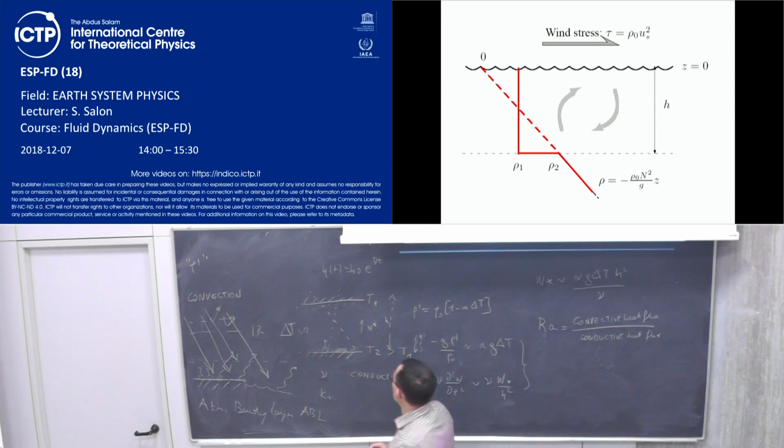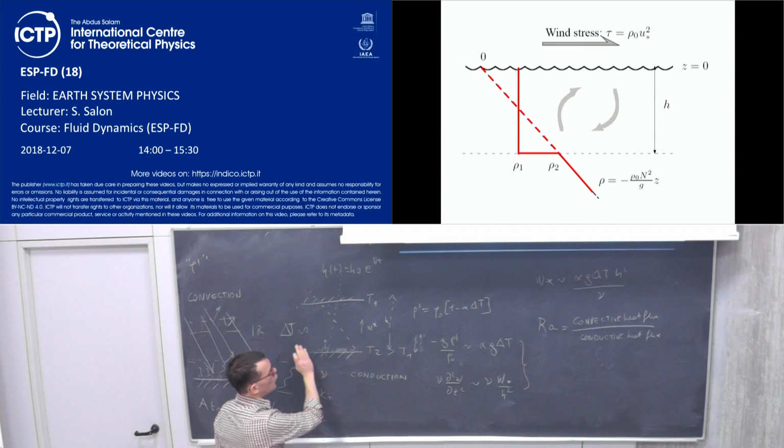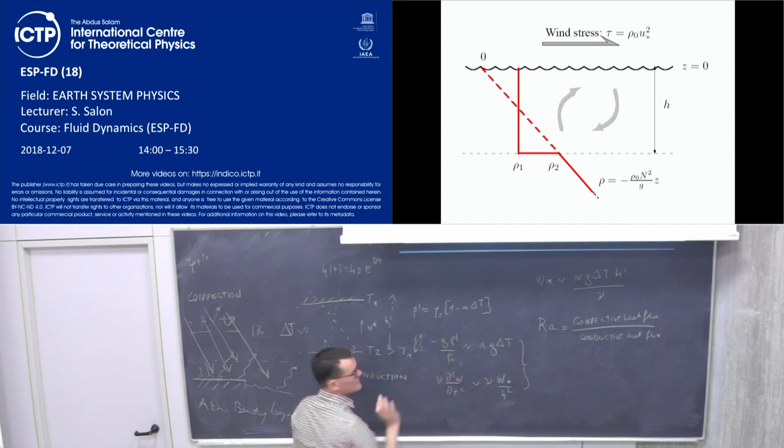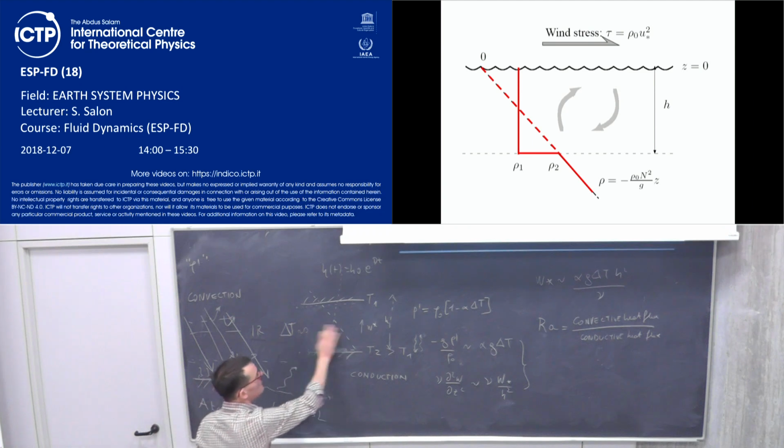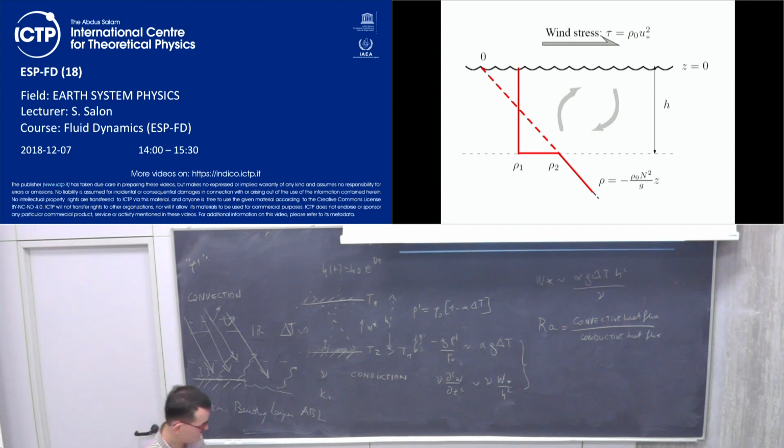So conduction is practically based on this balance, okay? When we have convection, convection is related to the fact that we are helping, in some sense, this system to be destabilized, okay? So convection is expressed by the turbulent transfer of the temperature.